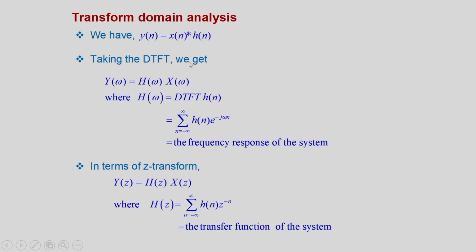Taking the DTFT, we get Y(omega), the DTFT of y[n], equal to H(omega) times X(omega), since convolution in the time domain becomes multiplication in the frequency domain.